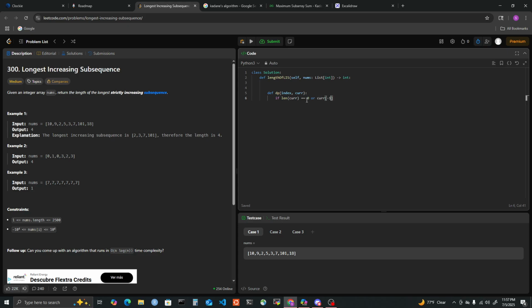Or current minus 1 is less than or equal to index.